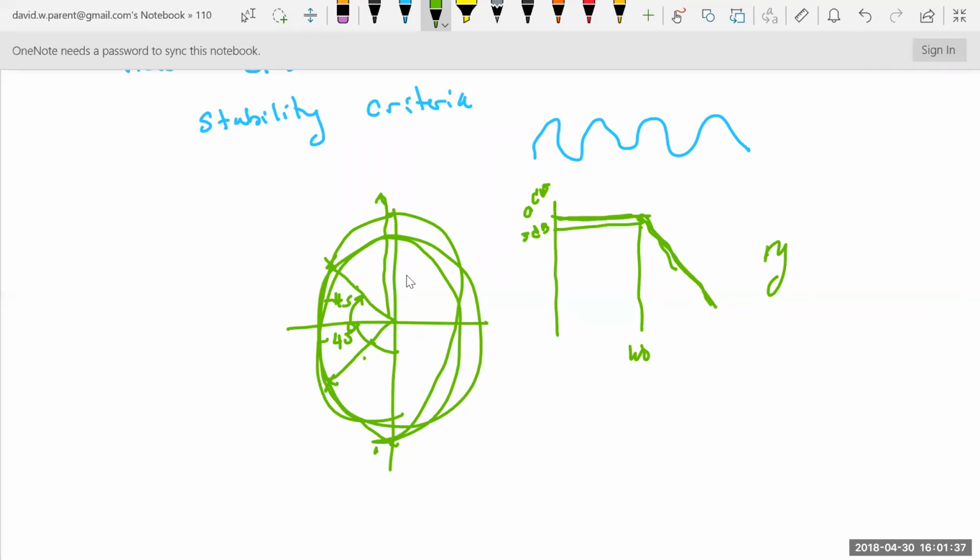So now, if you see a Bode plot of a low pass filter that does this, oh yeah, that's definitely underdamped. Critically damped, right?